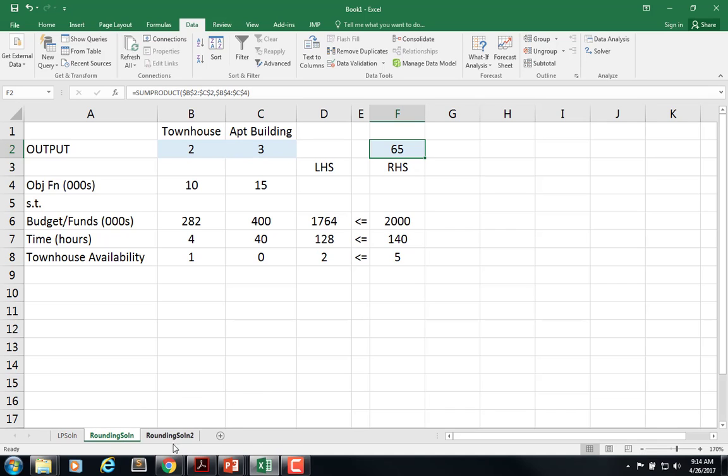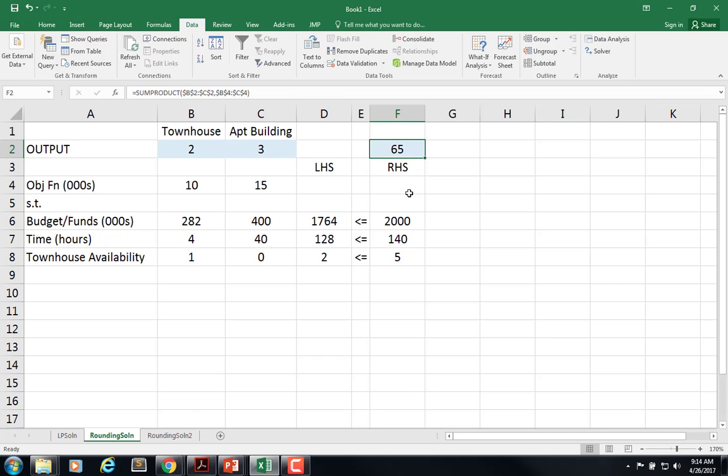So again, here we're feasible, smaller objective function value. Here we are feasible, larger objective function value, 65. We are how far away? What is that? 8.5 away. So we don't know.